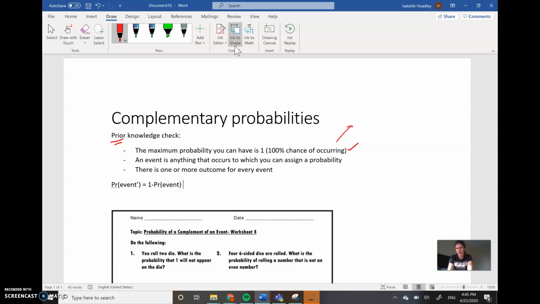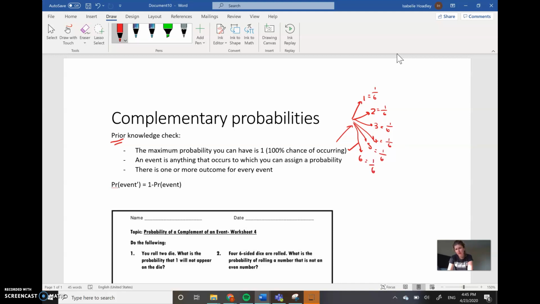Say for example we're looking at tossing a die. There are 6 different outcomes, so 6 different things that can happen: 1, 2, 3, 4, 5, 6, and each of these outcomes has a 1 out of 6 probability of occurring, because there's 6 things all together and there's 1 of each outcome.